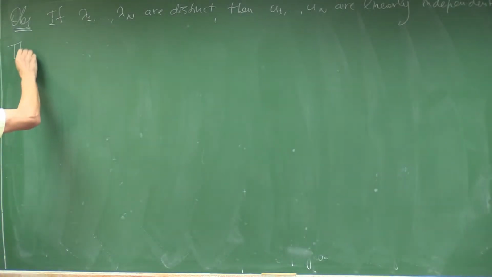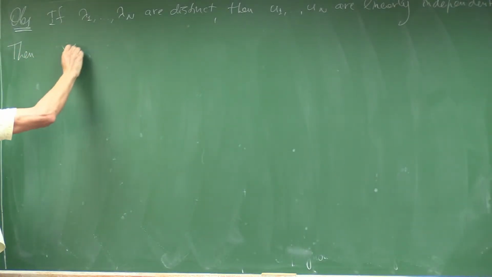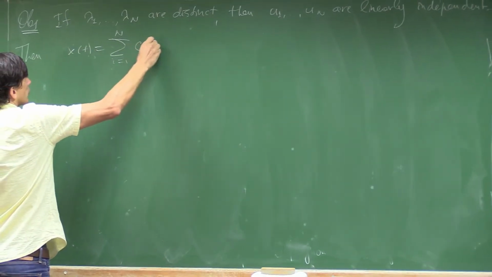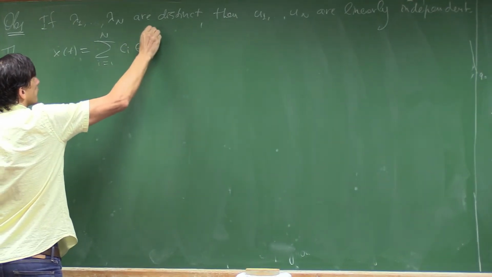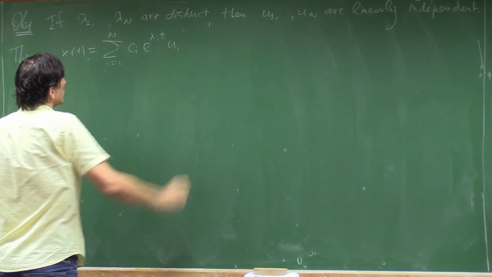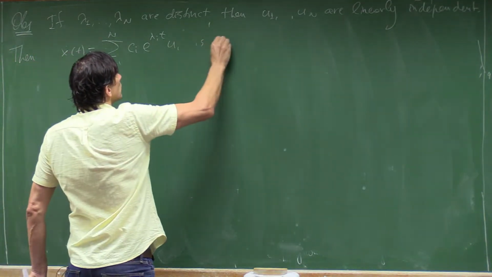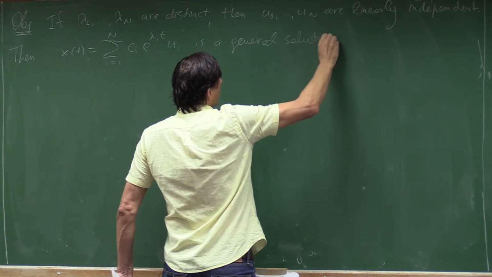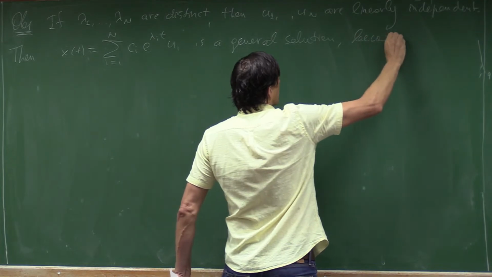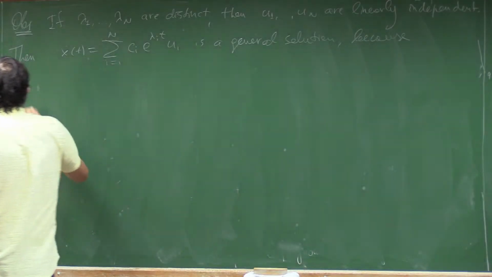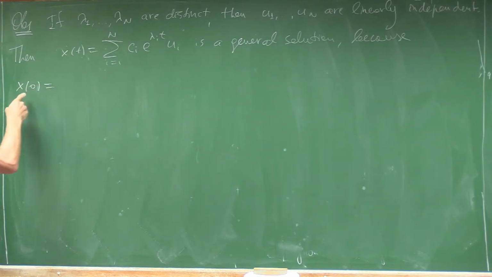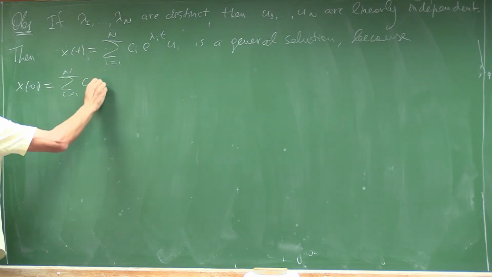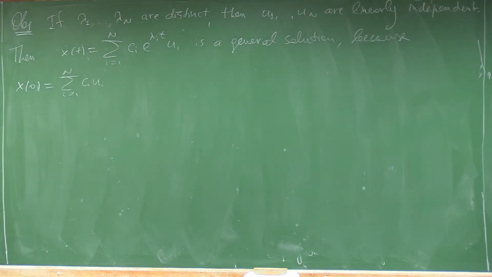Then taking the sum of them is a general solution. Because you can satisfy the initial condition: if you compute it at time 0, this will be just the sum of Ci ui. So this is a basis expansion.